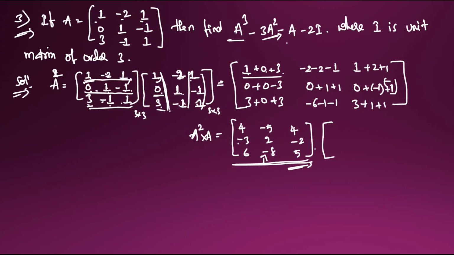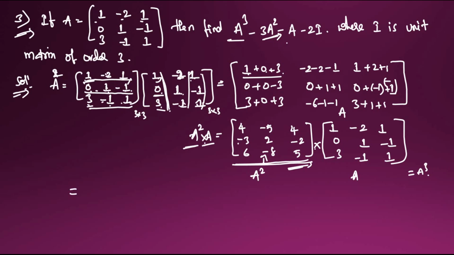So I am doing directly here: 1, -2, 1; 0, 1, -1; and 3, -1 and 1 here. So I am doing it directly, multiplying A into A square. Okay, so this is A square, actually this is A, meaning it will become A cube. Now if you multiply with that one, it will become this into this, no?